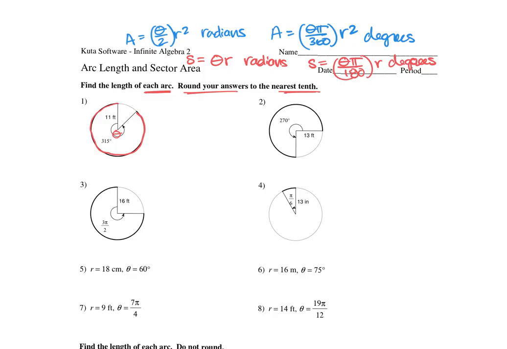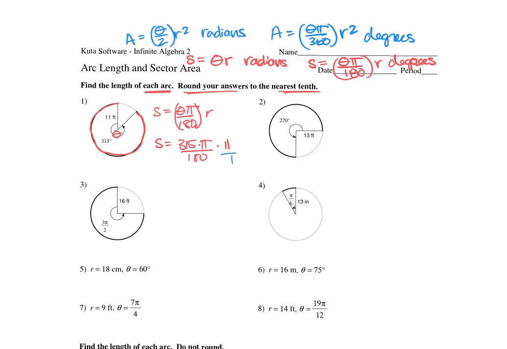So my calculation for degrees is my arc length is theta times pi divided by 180 times my radius. In this problem, that is 315 times pi over 180 times my radius, which is 11. Now when I'm doing calculations, we multiply numerators and we divide by denominators.